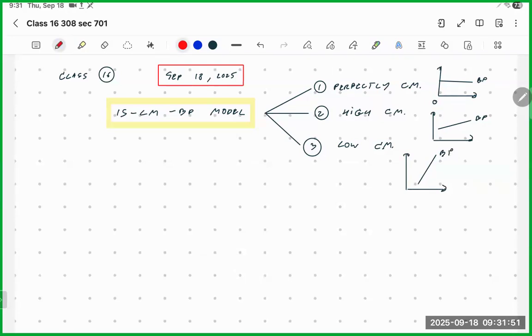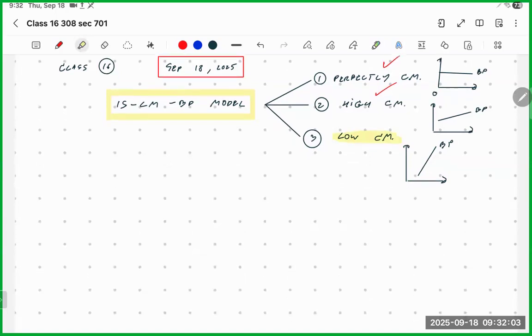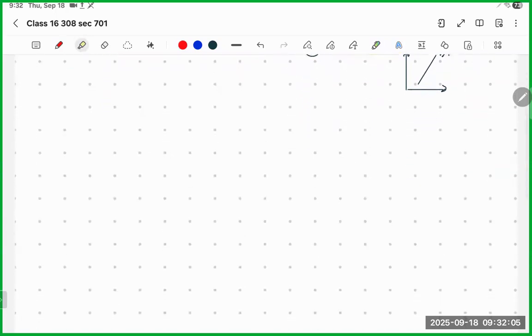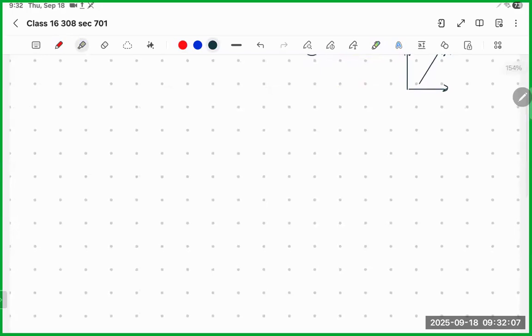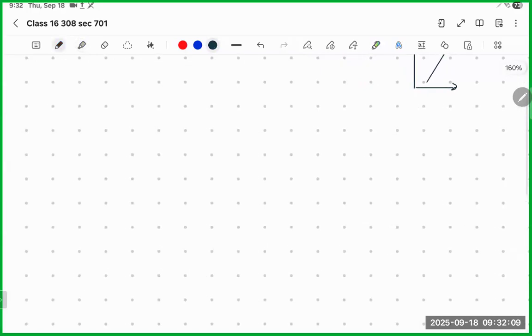We finished the perfectly capital mobility country last class. We finished the high capital mobility country. So today we're going to cover the low capital mobility country. So let's start. Today we focus on number three, the low capital mobility country.